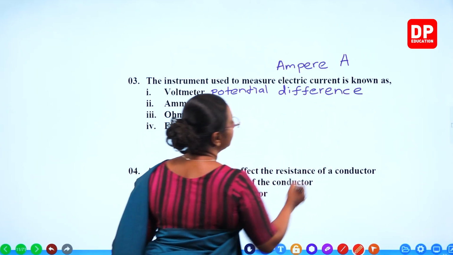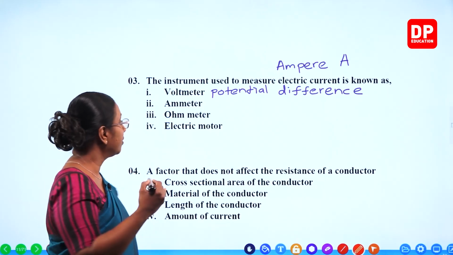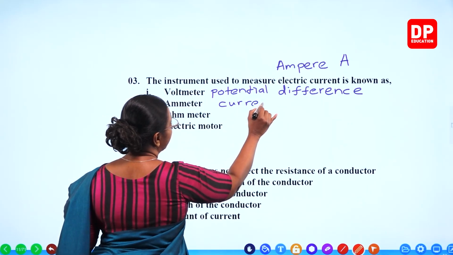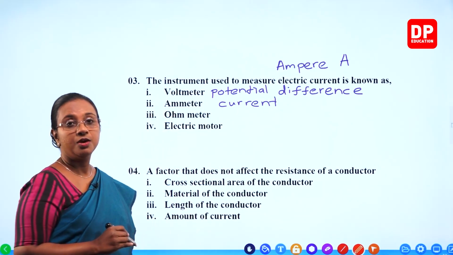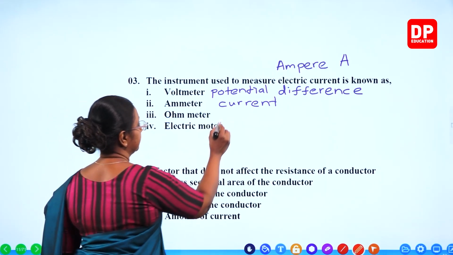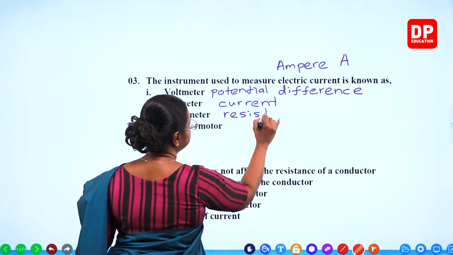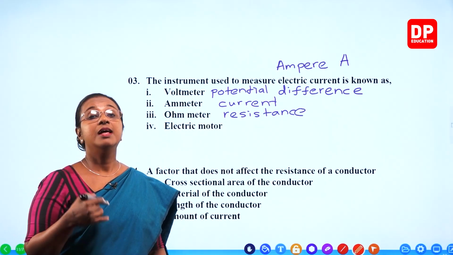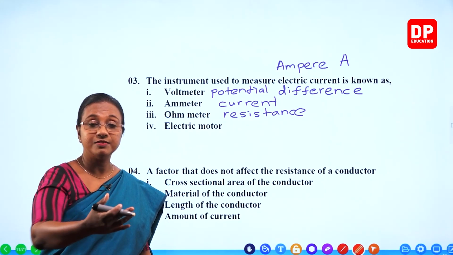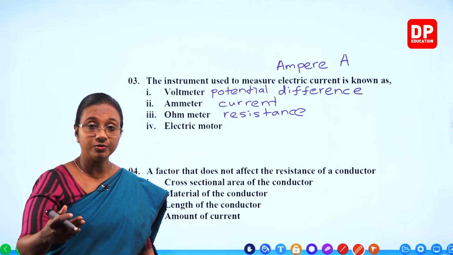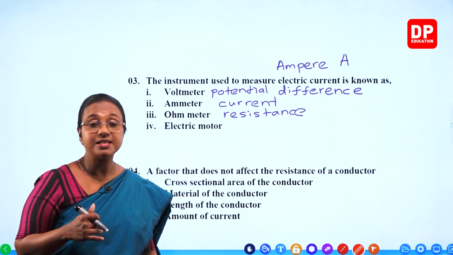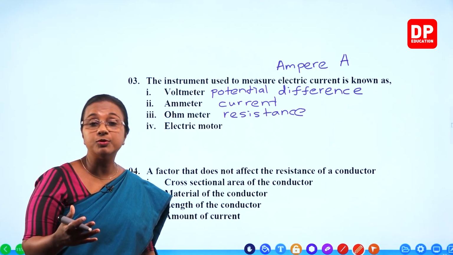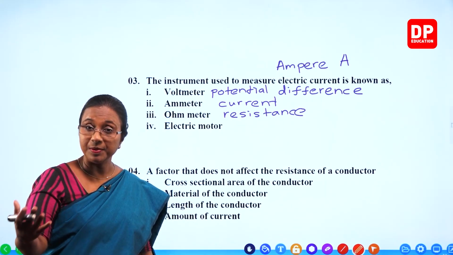These are things that you all know very well, students, but just to recall what you have already learned. Ammeter, current. Then what does the ohm meter measure? Ohm meter, resistance. An electric motor: there, electricity is converted to kinetic energy. The motor rotates and it is used in various devices, for example a fan, which has to rotate, or a motor used to pump water.